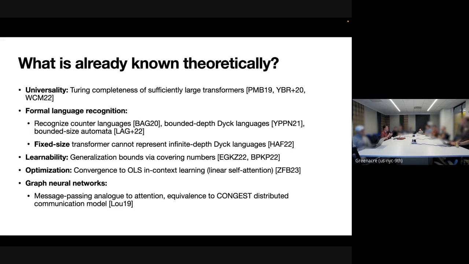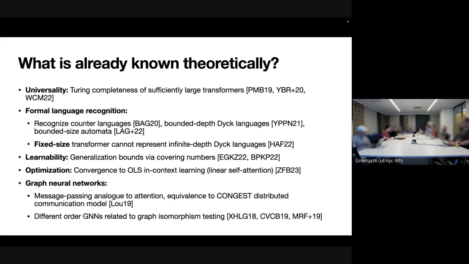We'll draw on that during the latter part of this talk. And there are also these relationships that have been drawn between graph neural networks and different types of isomorphism testing, where isomorphism testing is this theoretical problem that can be used to separate some graph neural network architectures from others. This will also be analogous to some of the stuff we do today.